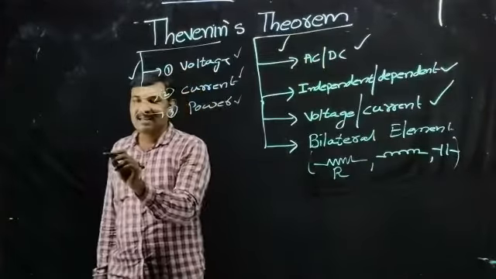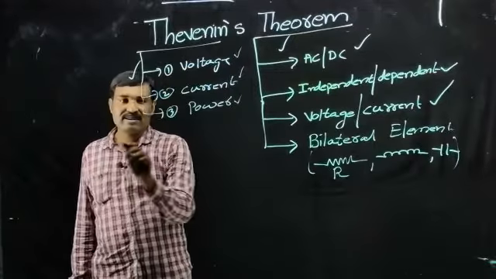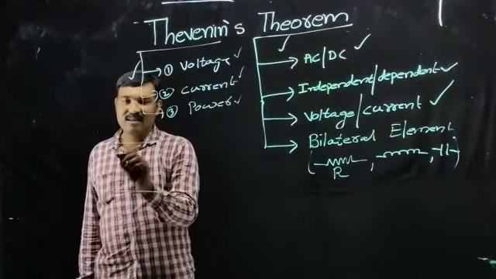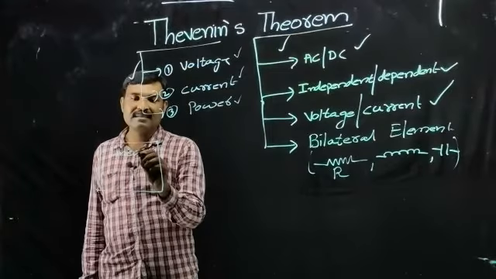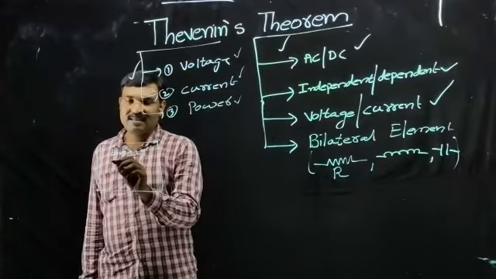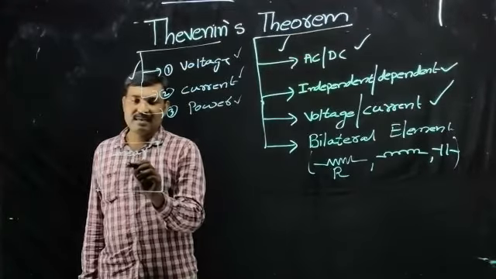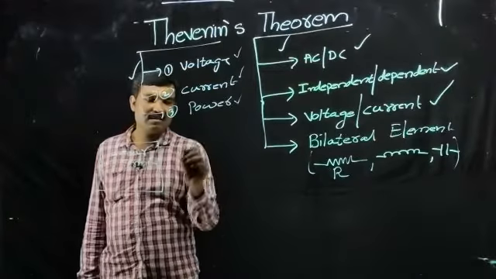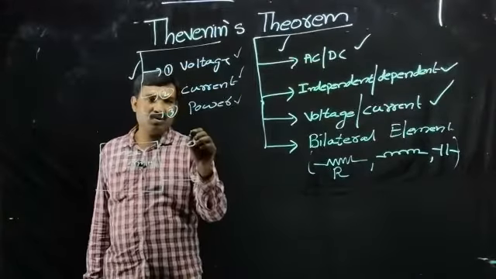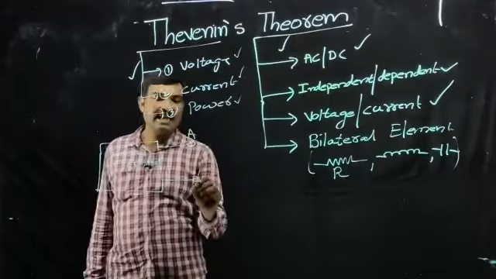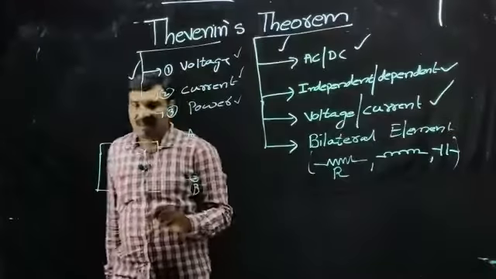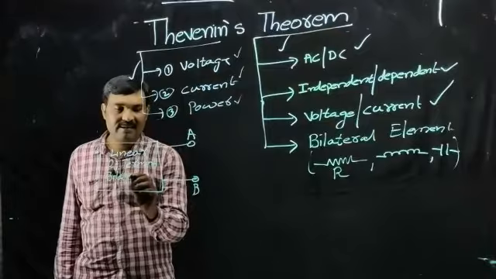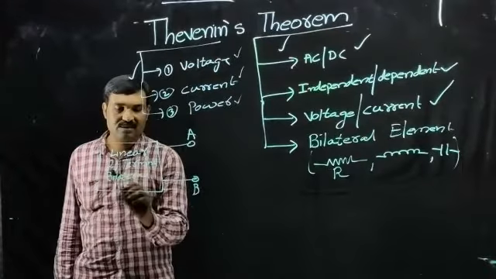So simply, we can construct a network, right? This is our network. The network is a linear two-terminal network. The network should have two terminals, terminal 1 and terminal 2. Let me mark them as A and B. And the elements within the network are bilateral elements, right?